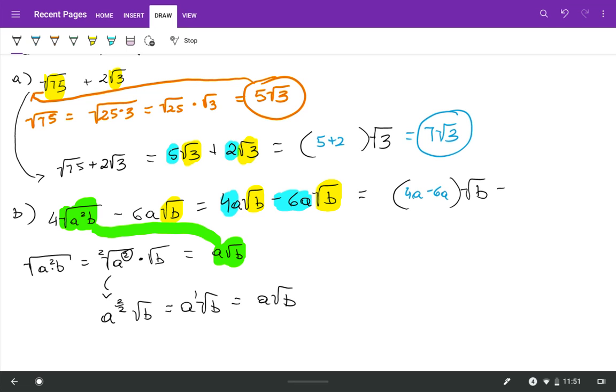And that will give us negative 2a square root of b. That will be the final solution.